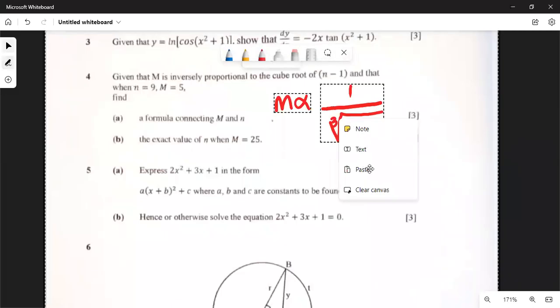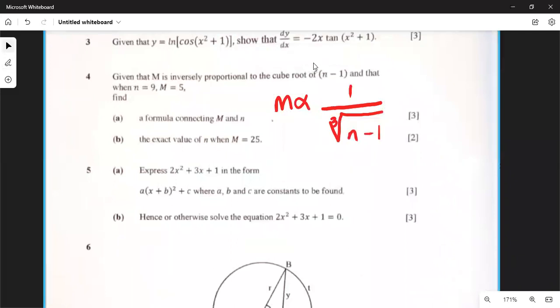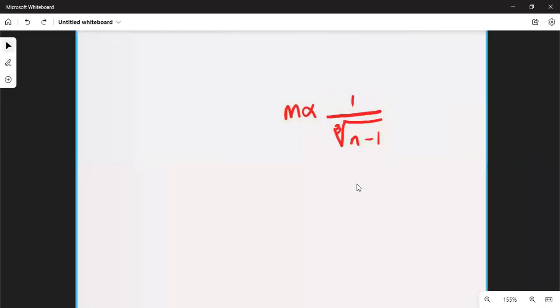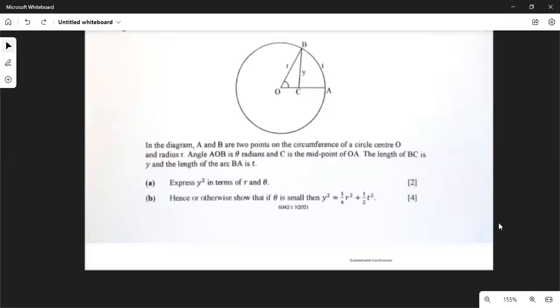Let's just take this part, guys, and put it down so that it doesn't waste much of our time. So we say that M varies inversely, which is inversely proportional to the cube root of n minus 1.